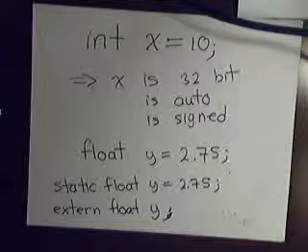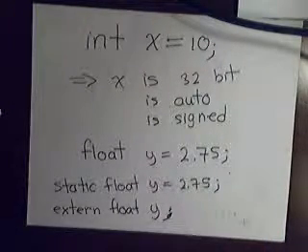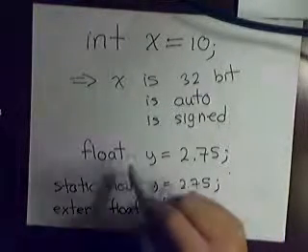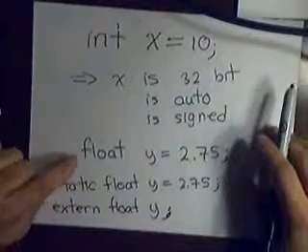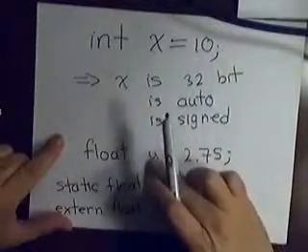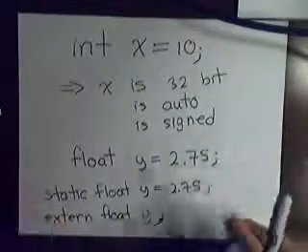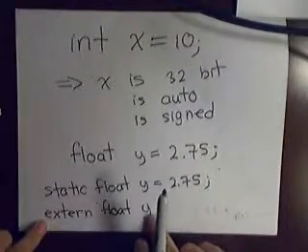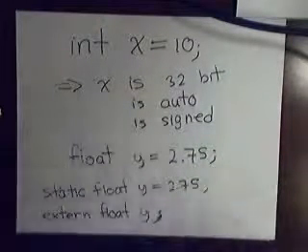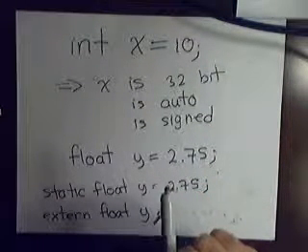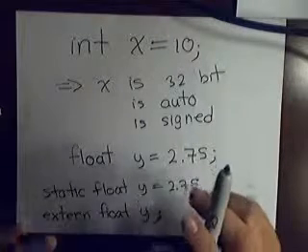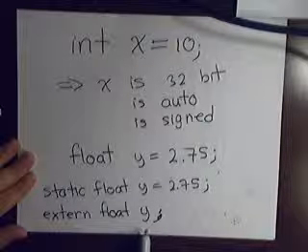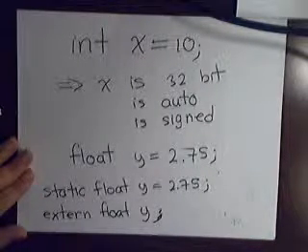But for extern float y, since this is only a declaration, remember, these two are definitions, because I'm creating the value. I'm actually creating the storage for the value. This I'm only referring to as a declaration. Extern float y means I'm not creating any space in memory. I'm not allocating space in memory. So in this case, we cannot initialize.